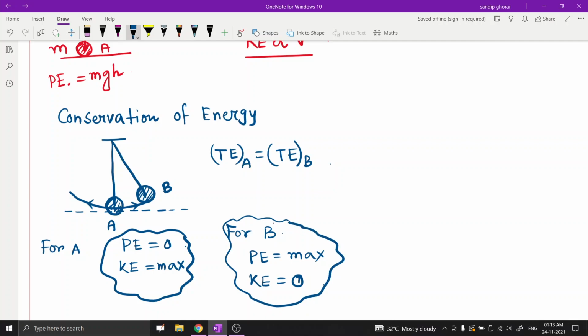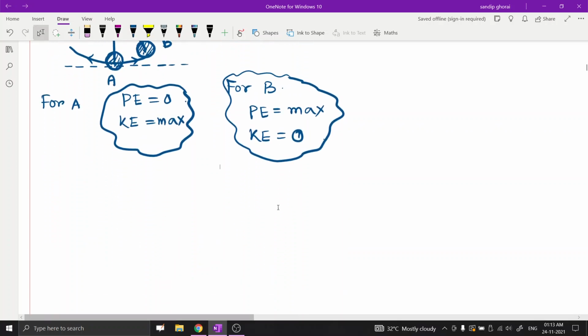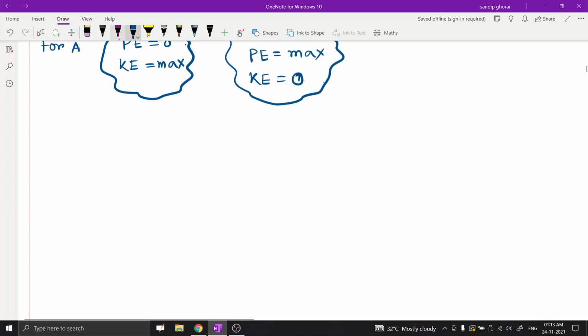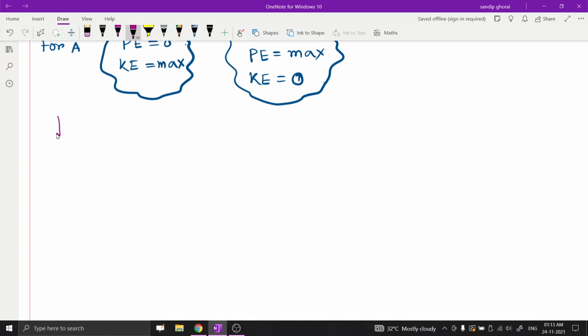Okay. And what is power? Power is simply work done per unit time. Power is equal to work done W divided by time.